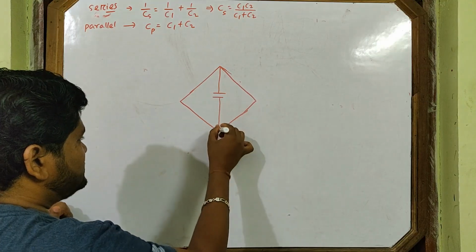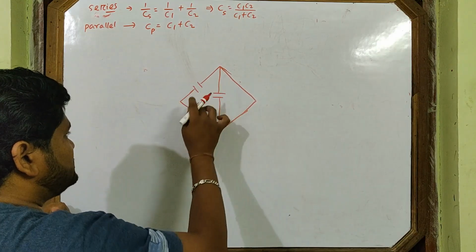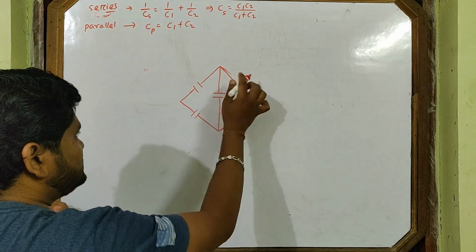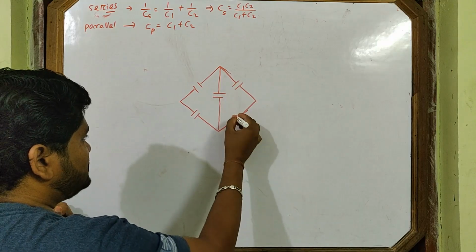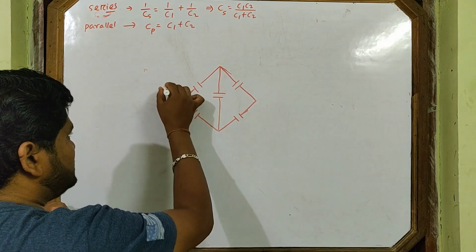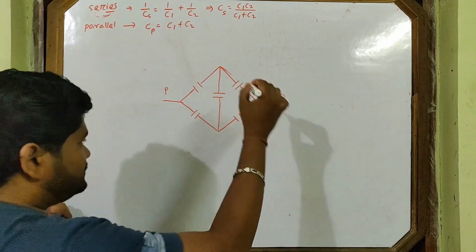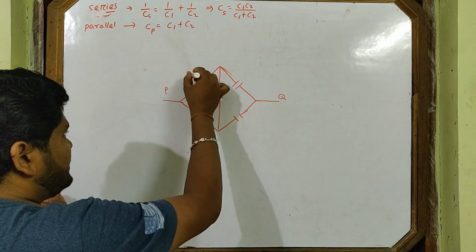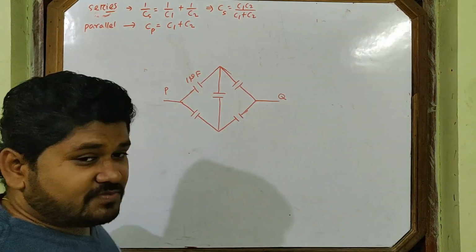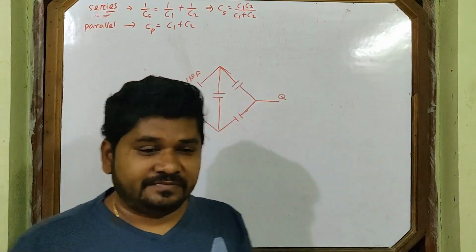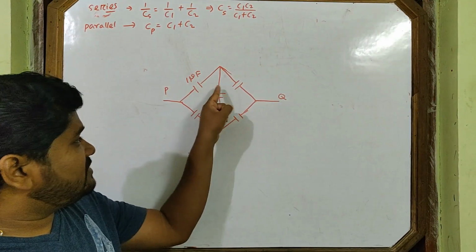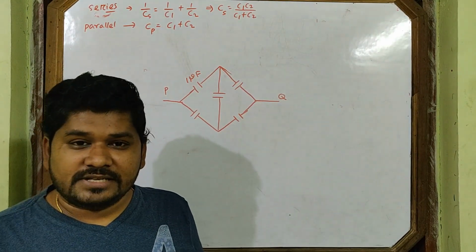Okay, so now let's see. Here is one capacitor, here is one capacitor, one capacitor, one capacitor, one capacitor, with terminals P and Q. Each is 1 microfarad. How will we solve these 5 capacitors? This and this, how are they connected? They are in series connection.